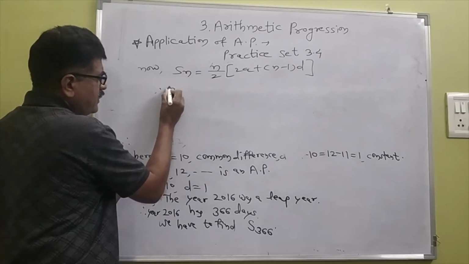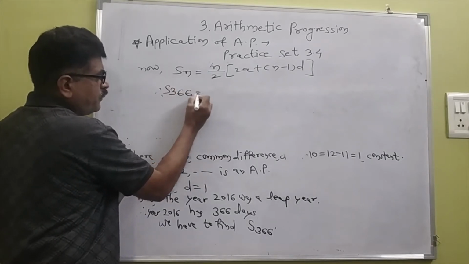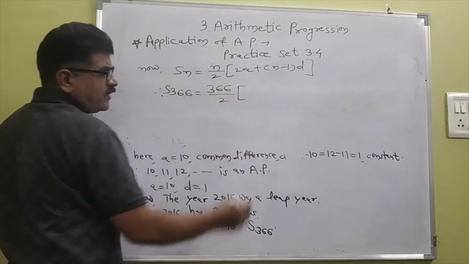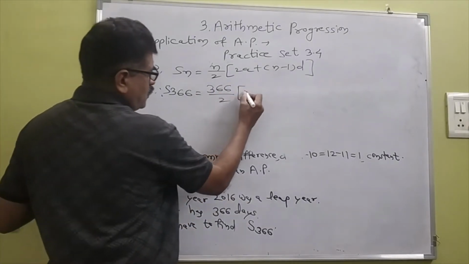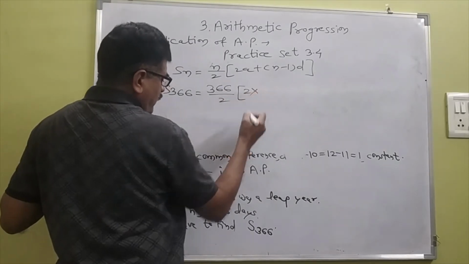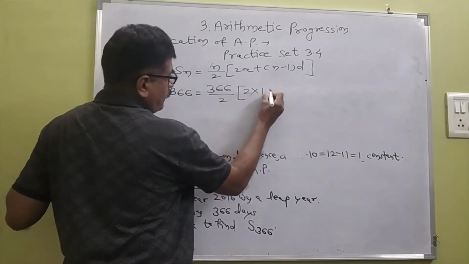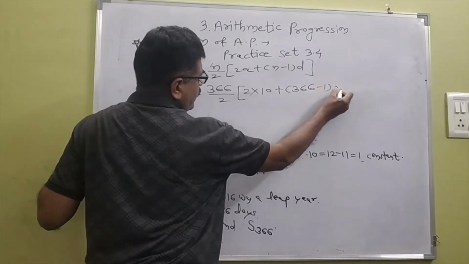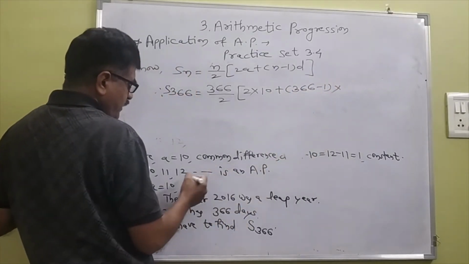Therefore S366 is equal to 366 divided by 2 into bracket 2a, what is the value of a? 10, plus (366 - 1) into, what is the value of d? 1.